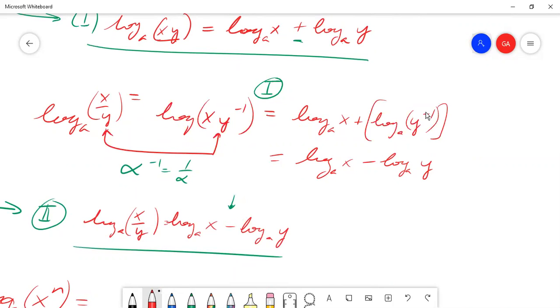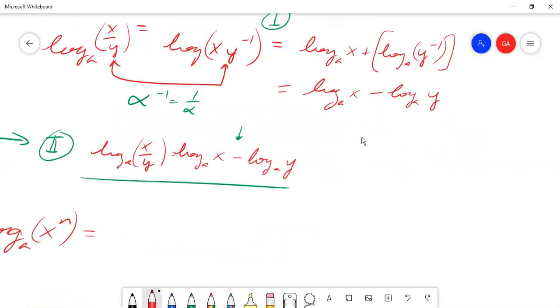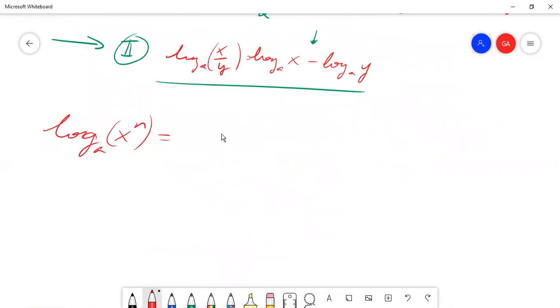Next time I teach this, I'll do this property, which is going to be property 3, first, because I actually needed it here. What we're showing is that log base a of y to the negative 1 is just negative log base a of y. In other words, the exponent comes down as a multiplicative thing in front of the log. And the way you would show this is actually very easy.